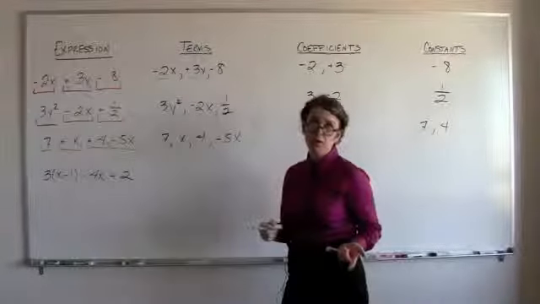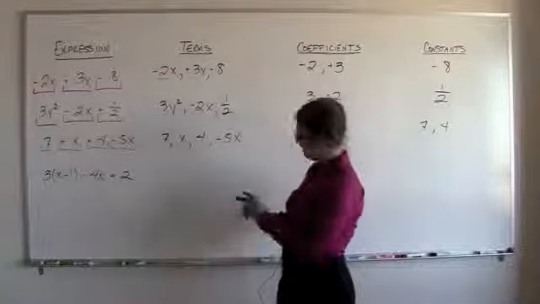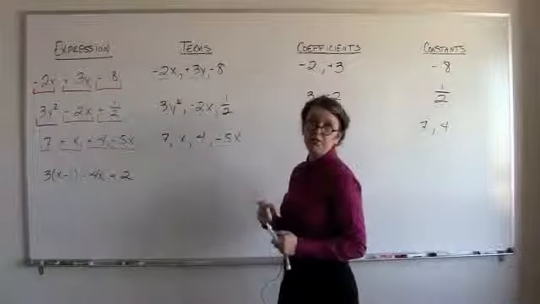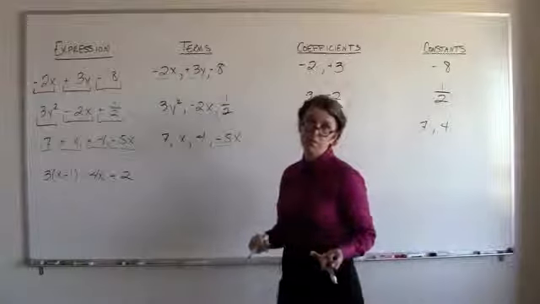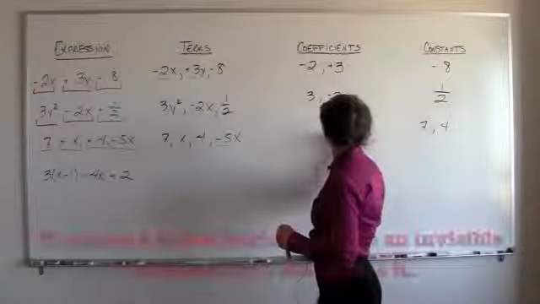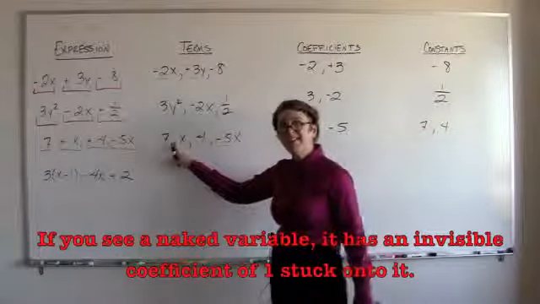And one of the numerical coefficients is pretty easy to figure out. It's this little, where's my green? Negative 5 right here. There's 2 coefficients up here. One of them happens to be hidden. Let's write down this negative 5 and figure out where the other one is. It's right here. See it?